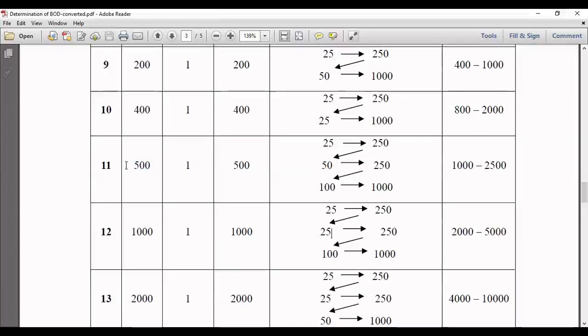Now why have we done the double dilution or triple dilution? Let's understand why triple dilution is required here. If we have to get a dilution factor of just 500 by single dilution, how would I achieve it?